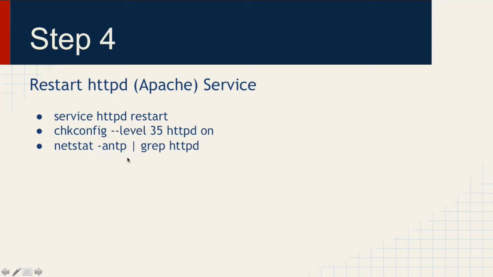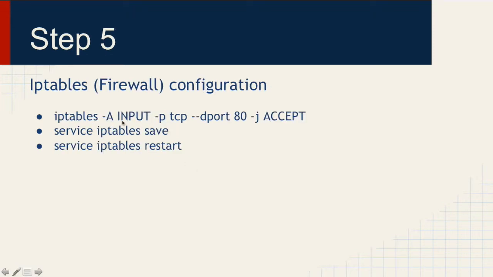And then netstat -natp, where a is to display all active connections, n is to display numeric addresses, and t is to display only TCP connections. p is to show which processes are used, which sockets are similar, so all this is to show the net status, and grep is to filter out httpd services.